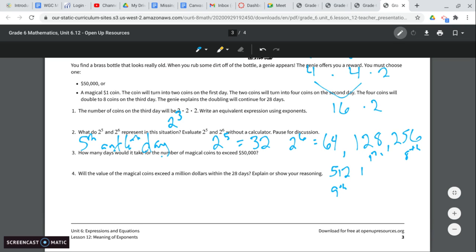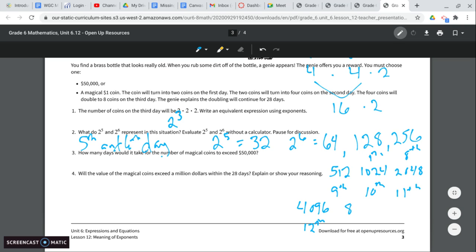512 times 2 is 1,024, so that's 10. Times another 2 for the 11th day is going to be 2,048. We're getting up there. Multiply by 2 again, we're going to get 4,096. That's the 12th day.